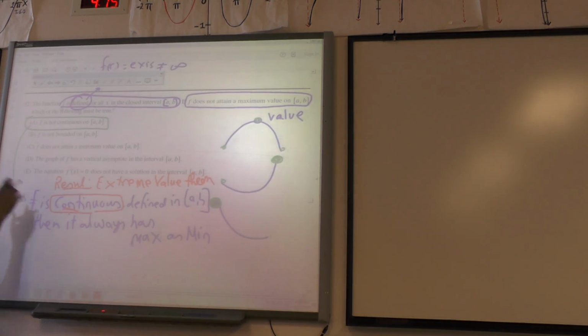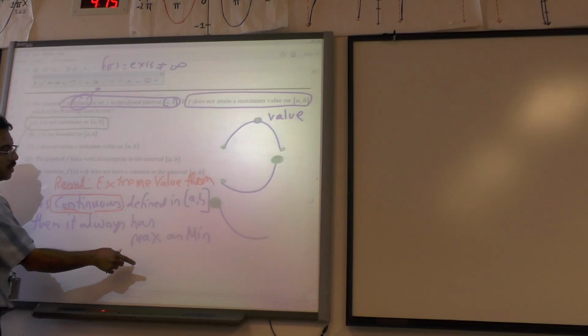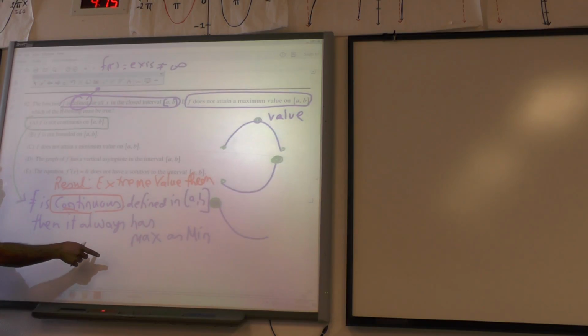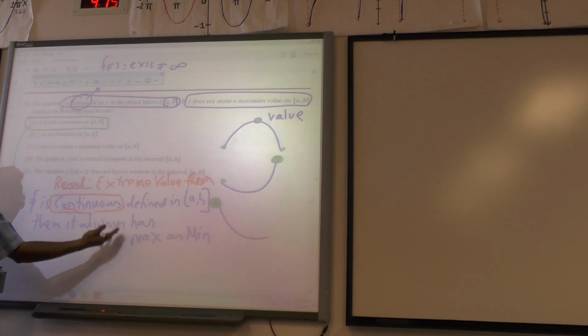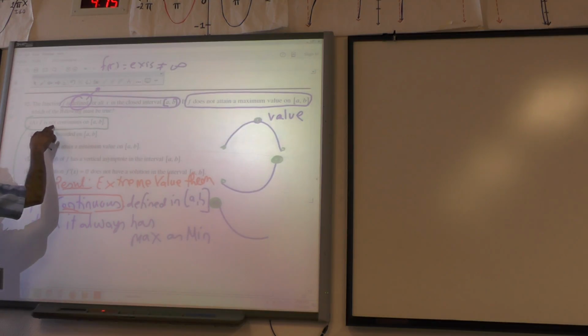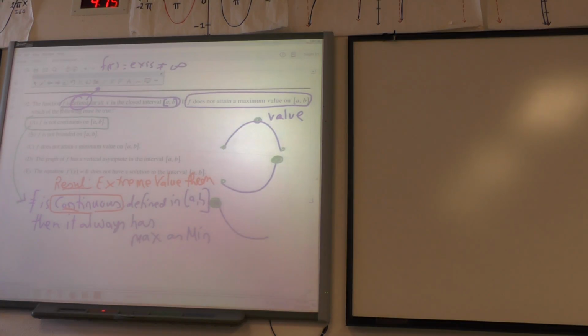So if you know it is continuous, that gives you 100%: it always has a maximum and minimum. But right now, it is not continuous. If the function is not continuous, that means you may not have a maximum and minimum value. I'll just give an example.